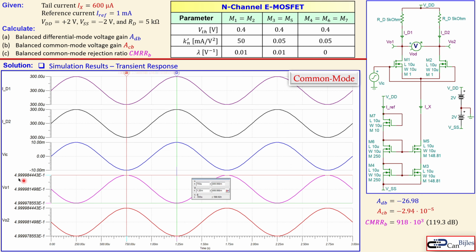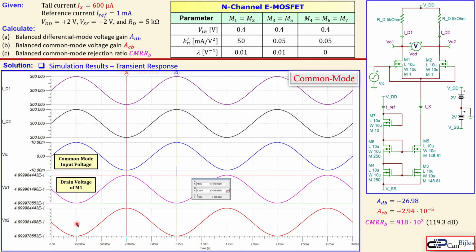And what you also see is that these values, there's almost 0.5, but in order to have the accurate measurement, you need to really make this precision higher. And what I did was take the maximum and the minimum value here, and then take a difference between those two. And that is calculated by the simulator, which is then 588.92 nanovolts. So pretty small, but that is really the peak value here. So what you get is this is the common mode input voltage, as I said before, and this is drain voltage of M1.